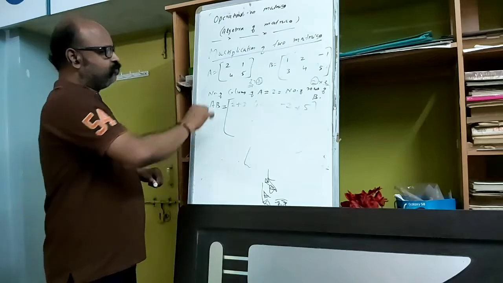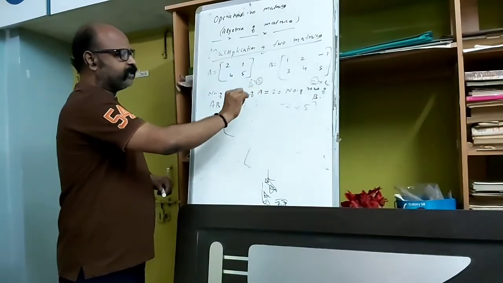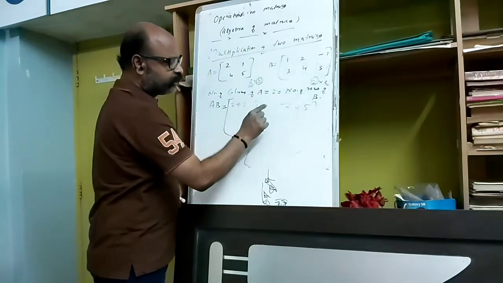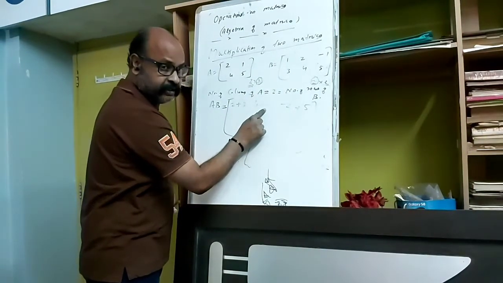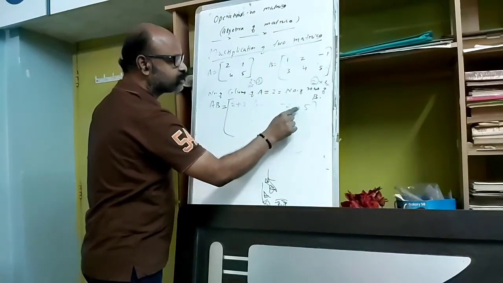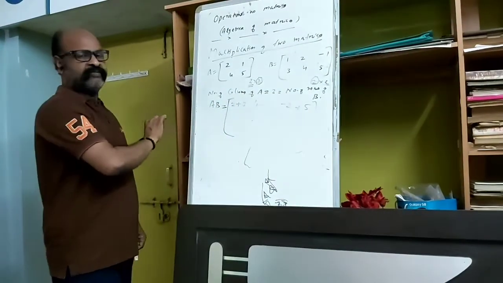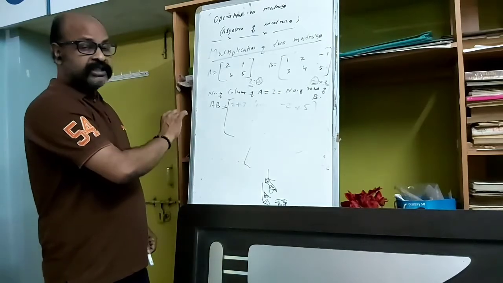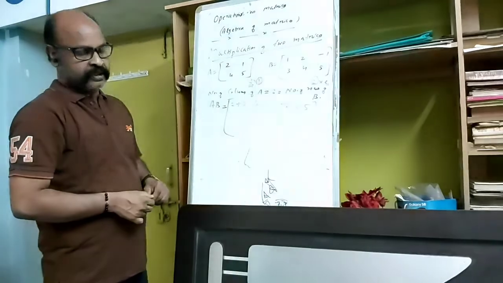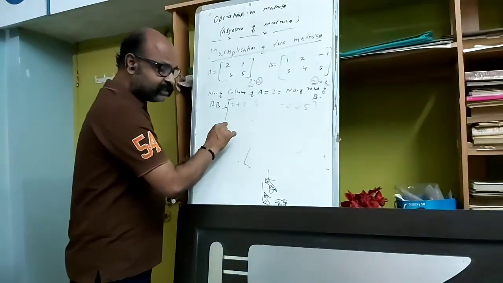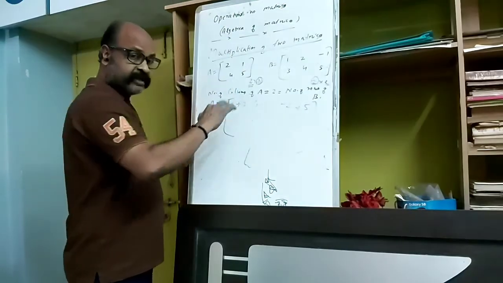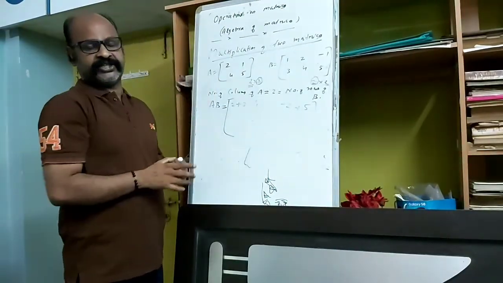Okay. What have you done? First row, first column, multiply the corresponding elements and add. First row, second column, multiply the corresponding elements and add. First row, third column, multiply the corresponding elements and add. This way we have written the 3 elements of the first row of the product AB. Now for writing the second row, again we apply row by column multiplication.